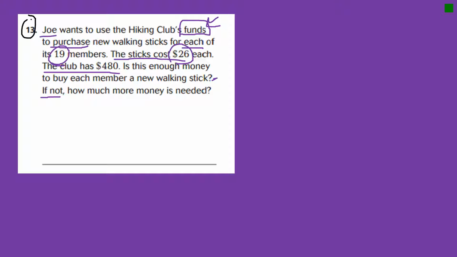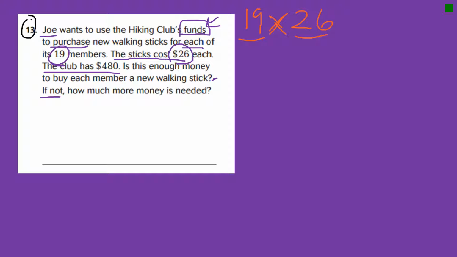So 19 times 26. What do you think of that, boys and girls? 19 people, 19 sticks that cost $26. That will give us the total Joe will spend if he has enough money, right?